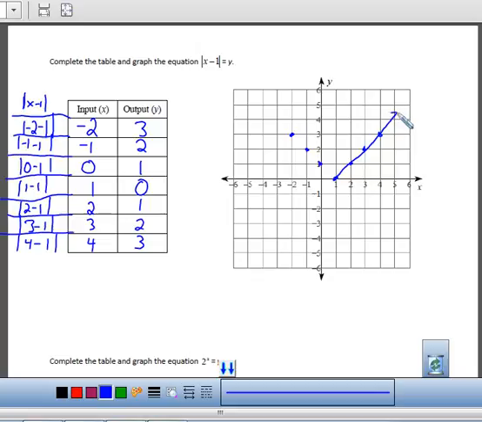It is a straight line going out that way and a straight line going out that way, creating a V. So this is an absolute value graph or V shape. That's what you get when you find the absolute value.